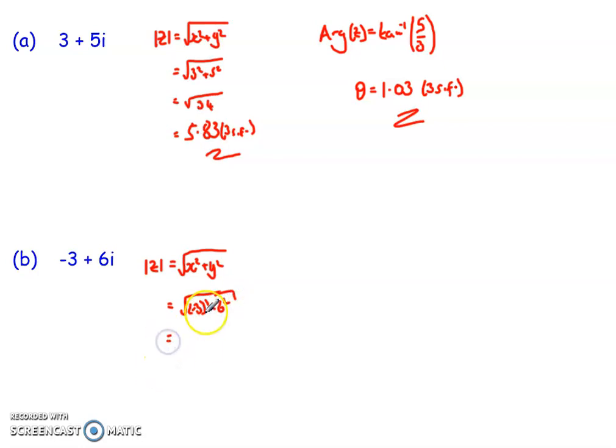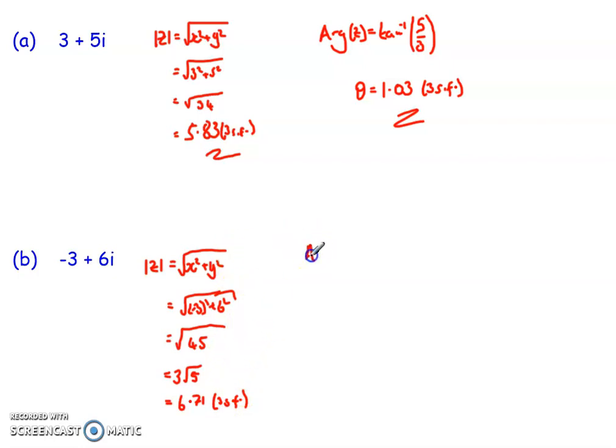If I do negative 3 squared plus 6 squared, what I end up getting is the square root of 45. Now, keeping it as a surd, we could simplify that and write that as 3 root 5. If we then wanted to take it one step further and give it as a decimal, we'd end up getting 6.71 to 3 significant figures. There you go, that's me getting the modulus of the complex number.